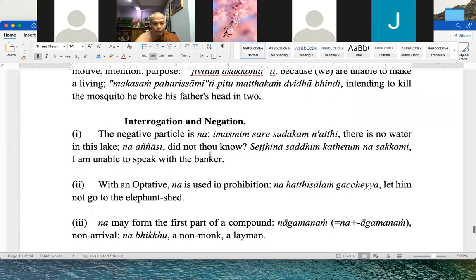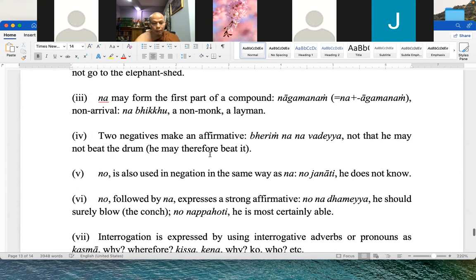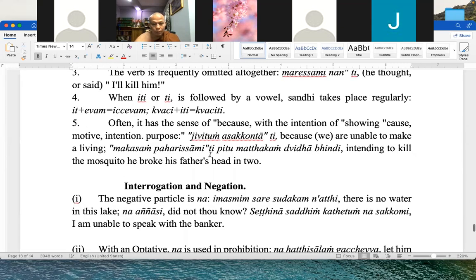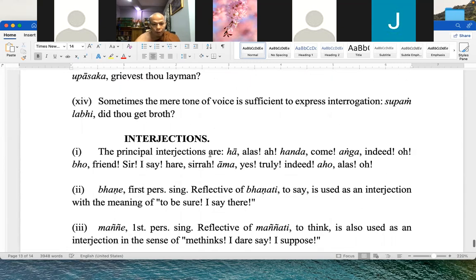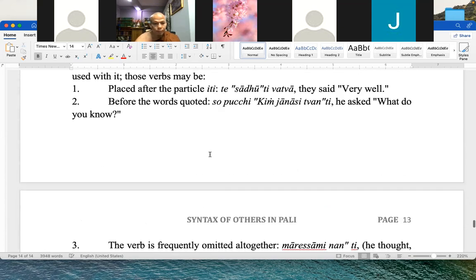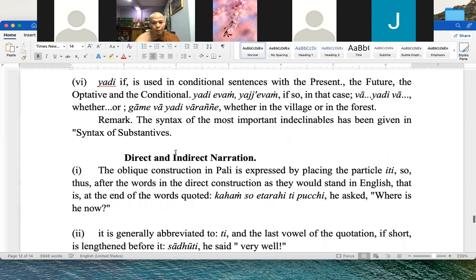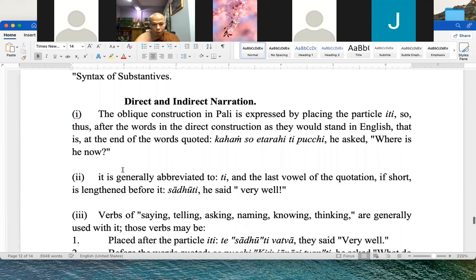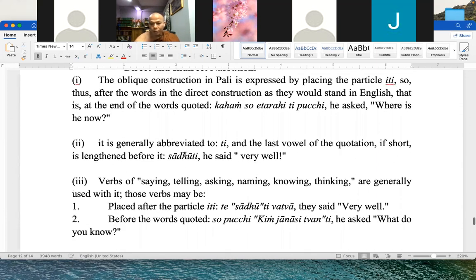Interrogative or negation, actually, or interjection. So here direct narration with that iti. Commonly, the first one is Sadhuti, he said, well, or something.